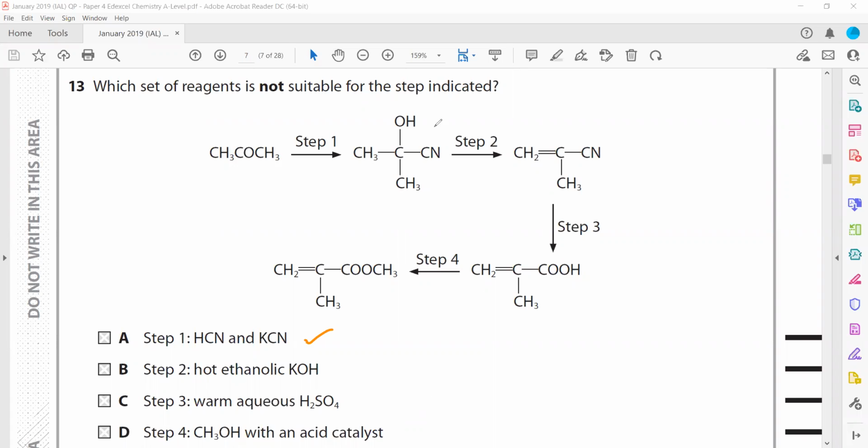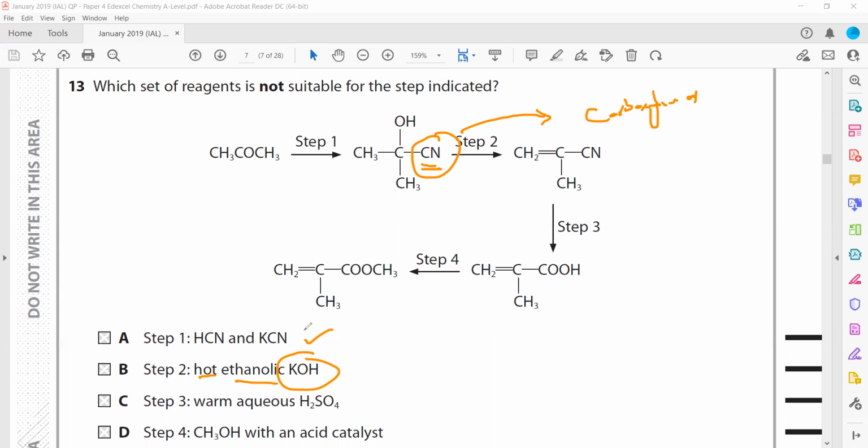So here what will happen when elimination reaction, because this is hot ethanolic potassium hydroxide. Basically, because it is a nitrile group, when we do acid hydrolysis or base hydrolysis, they produce carboxylic acid. This is only possible if, for example, we were having a halogen alkane, this is related to AS.